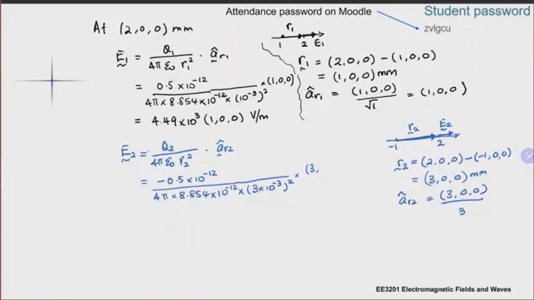Okay, so 3 and 3 cancel out. So we have 1, 0, 0 as the unit vector.